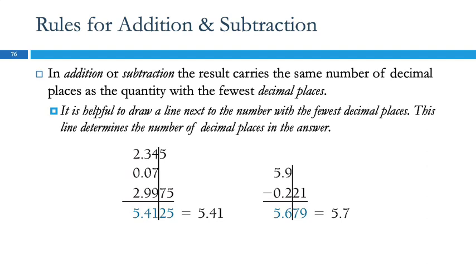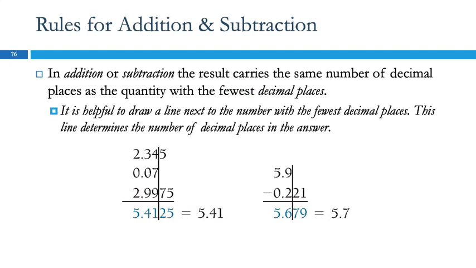Adding and subtracting gives students more trouble. The good thing is, in lab, when we're adding and subtracting, you're not going to get a crazy number of digits, right? It's only multiplying and dividing where the thing explodes. But the rule here is the result's going to carry the same number of decimal places as the quantity with the fewest decimal places.